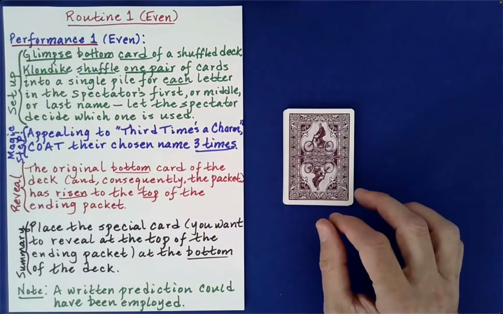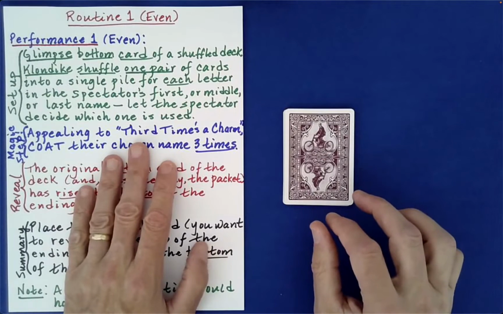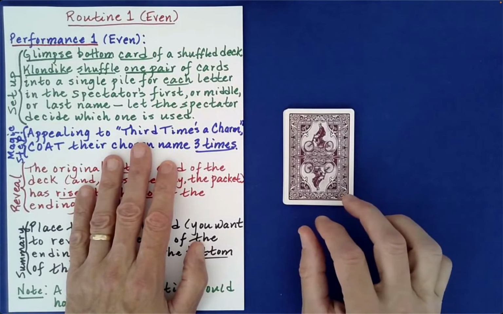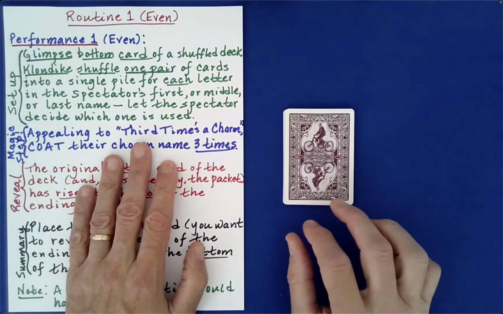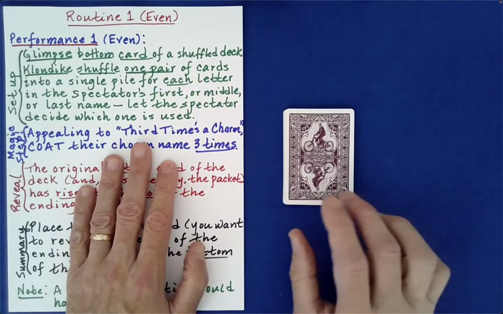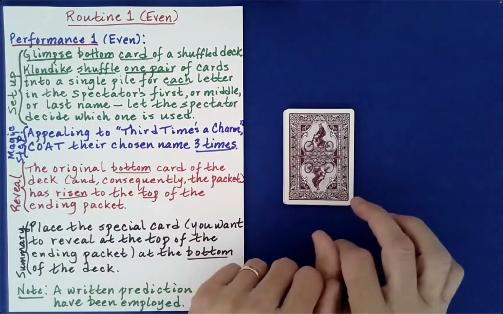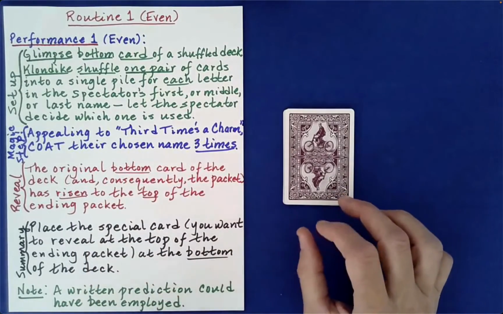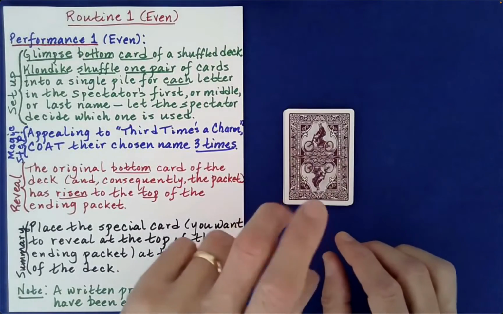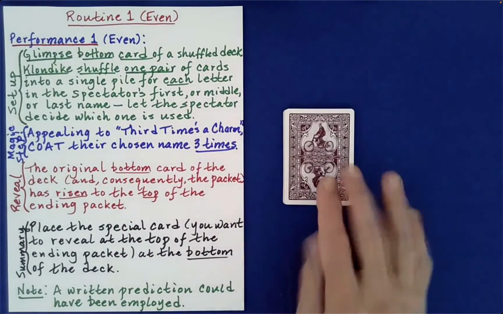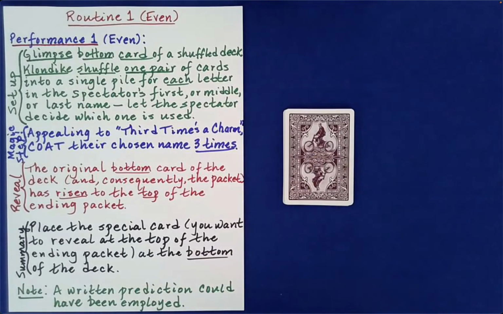And then from there, all you simply do is appeal to this claimed principle that doing something 3 times will almost always lead to success. Third time's the charm. And so you just spell out the name that they freely chose, spell it out 3 times, and reveal that you in fact know the identity of the top card.